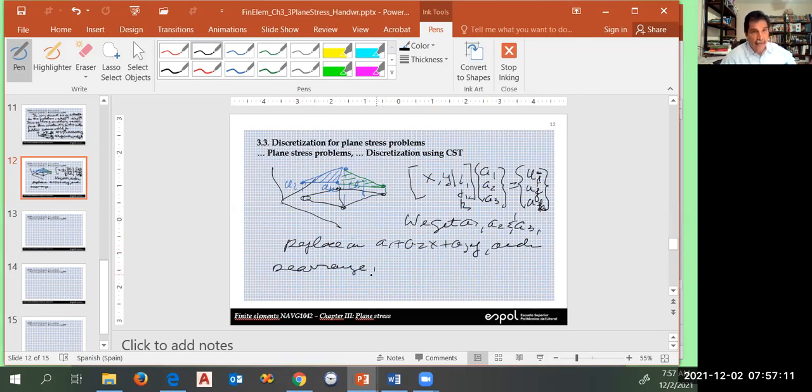So we want to write this, but in every term we get those terms which are multiplied by ui. And all of these we collect in one single term, which is n1, ni. So we said u of x, y, we put it like this, n1, which depends on x and y, n2, and n3.